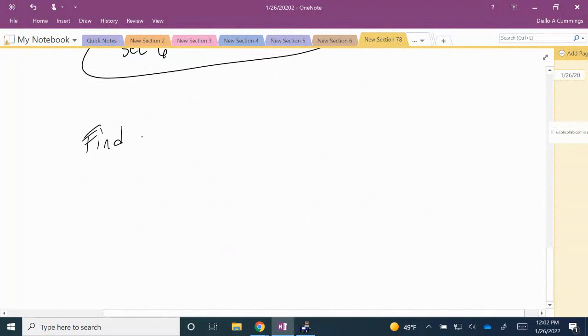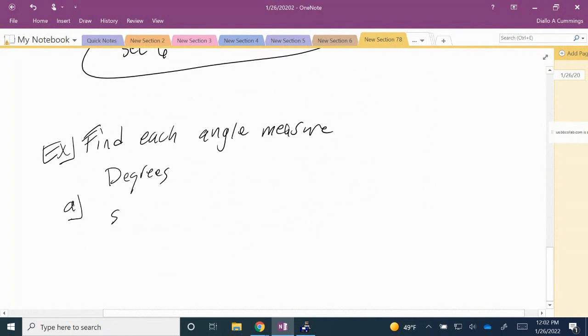So we're asked to find each angle. Remember, this first one was degrees. The sine of some angle is equal to 0.96770911705.